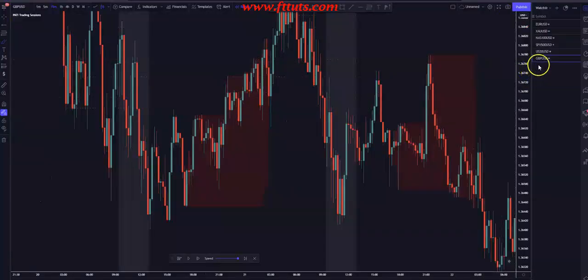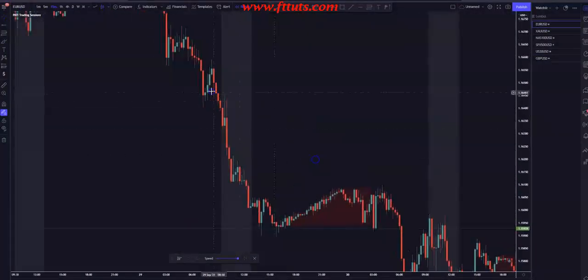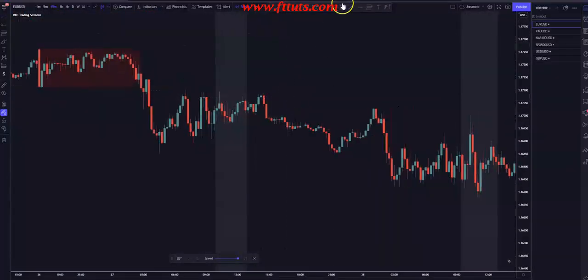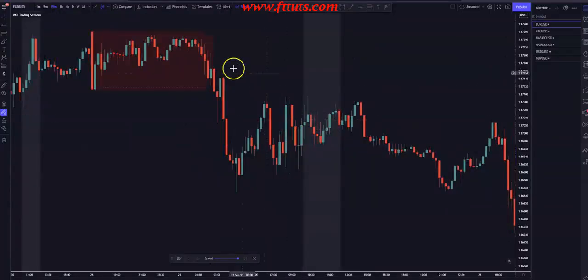But I'm gonna go to a 15-minute setup. Matter of fact, let's go to Euro USD on a 15-minute setup. Oh crap. Let's see if we can find one. Right here, boom. Okay, so some of y'all get confused as to how this is supply and demand right in the middle of price.